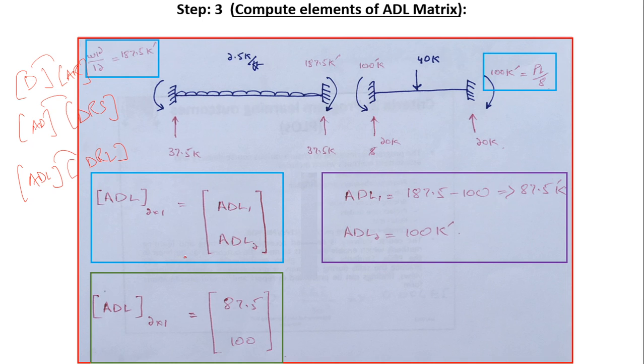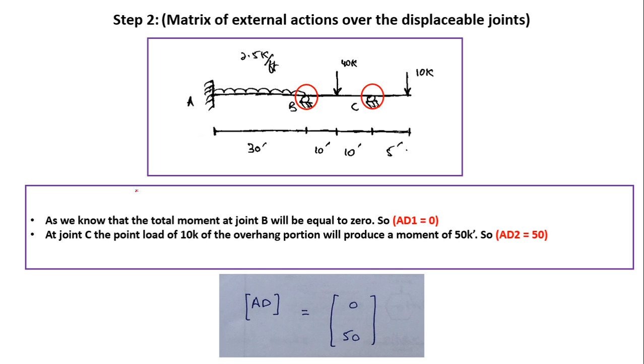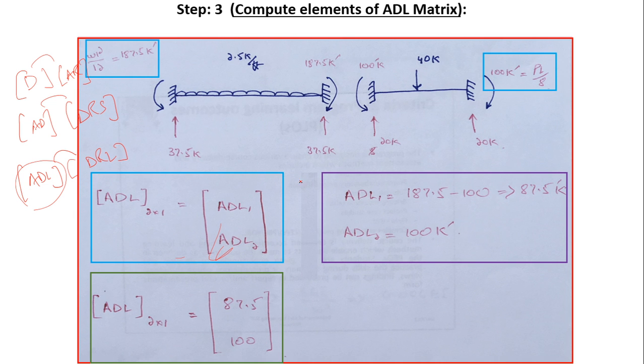So I am interested in finding the ADL matrix, action due to load, and actions due to load are actually fixed end moments. So based on the load given, you can convert it into fixed end moments. This is 2.5 kip per foot and this is 40 kip. I convert it into fixed end moments.